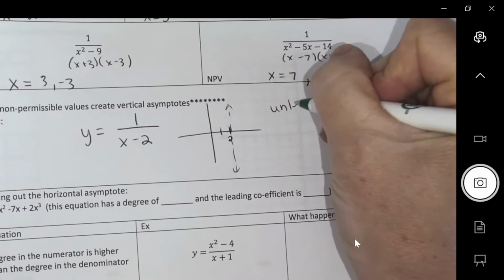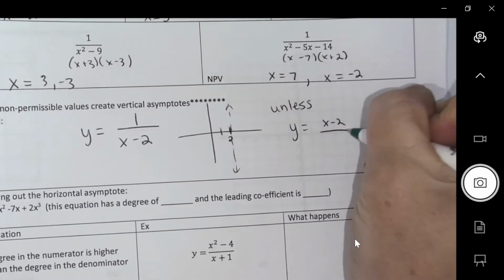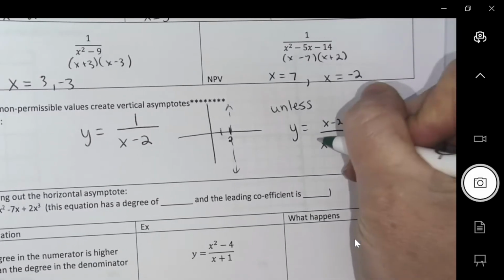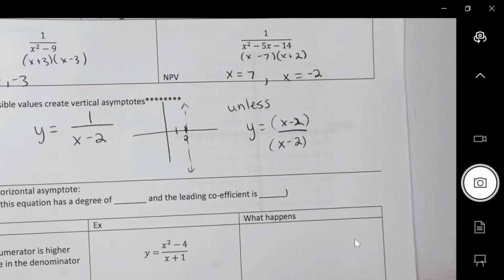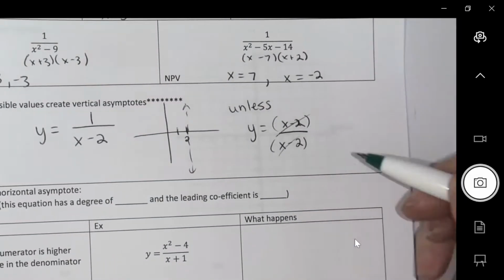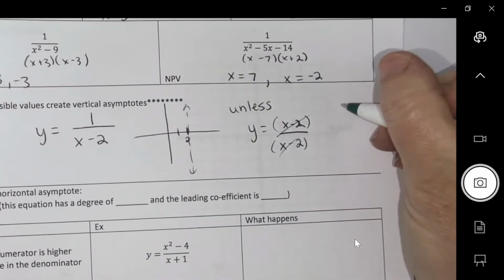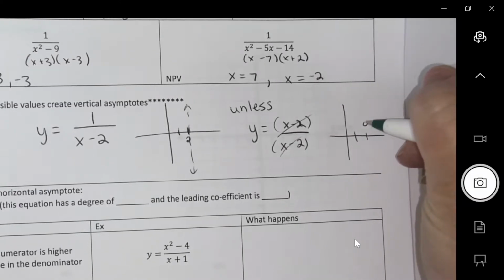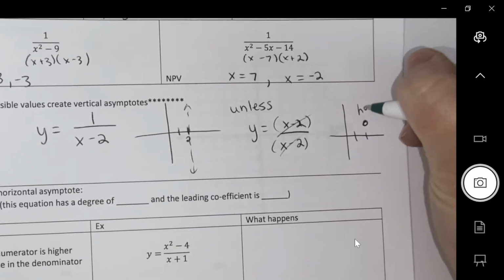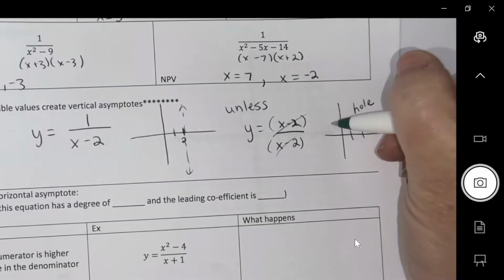Unless this happens, where that cancels something the same on the top, and it will create a hole in the graph.